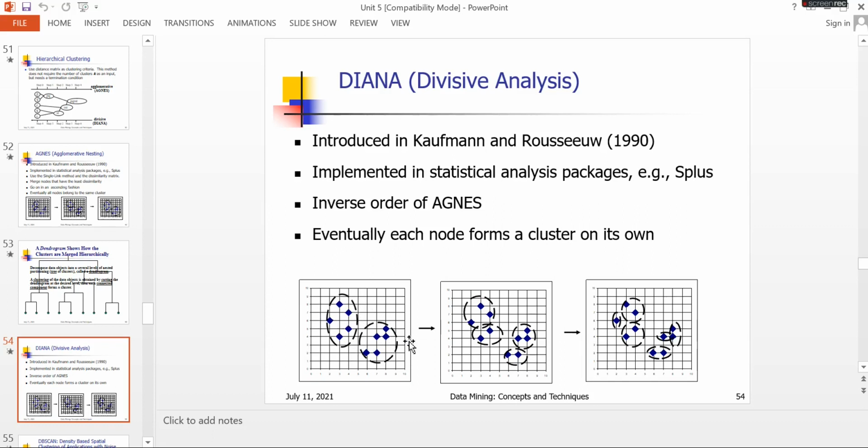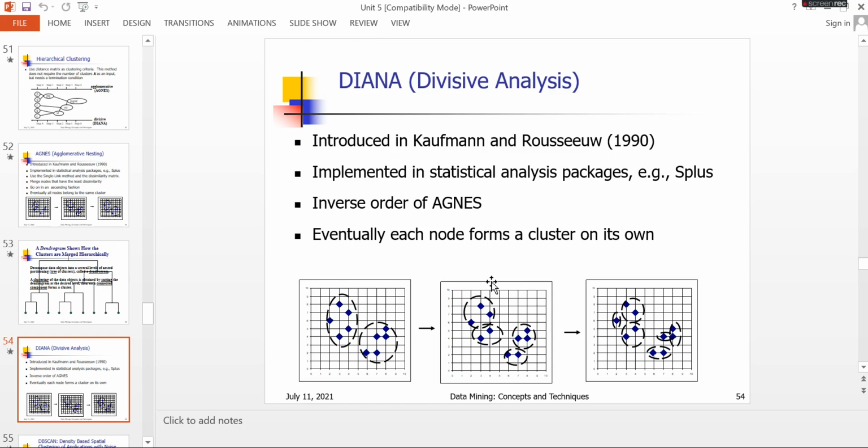These two clusters have to be divided again. So the first cluster into two clusters, the second cluster into two clusters, total 4 clusters. Again, based upon the dissimilarity you have to divide. The first cluster again 2, the second cluster remains as it is, the third cluster again 2, and the other cluster likewise. 3 plus 3, 6 clusters form. From 2 clusters, 6 clusters form. This is the Diana method, the divisive analysis method.